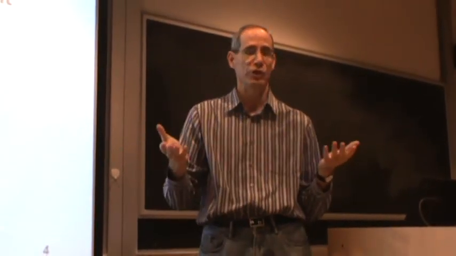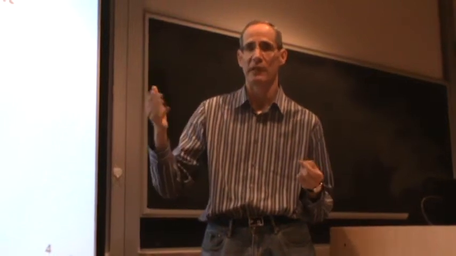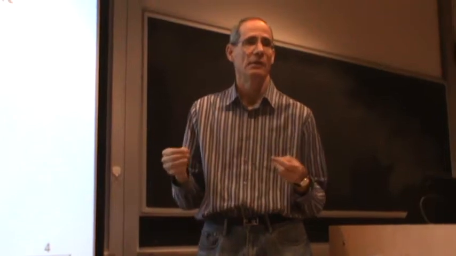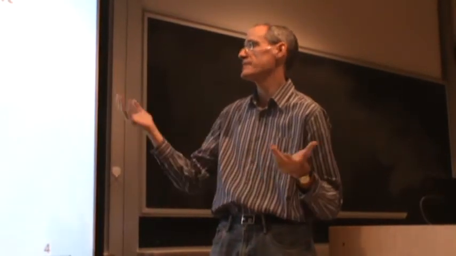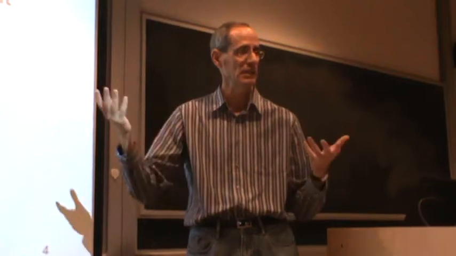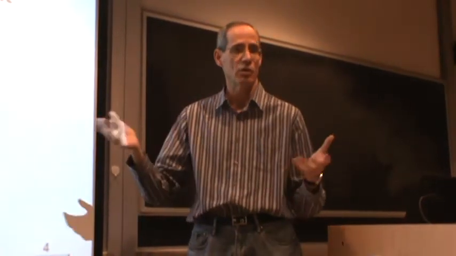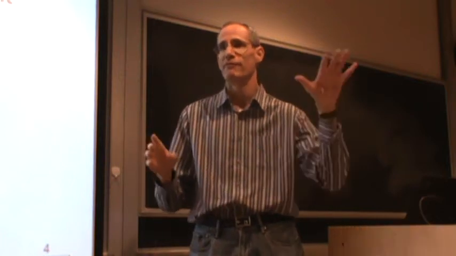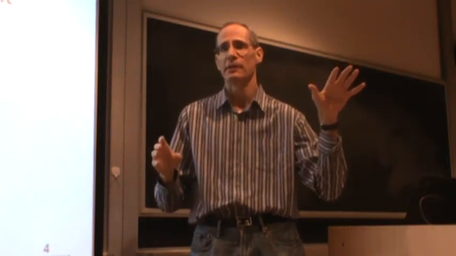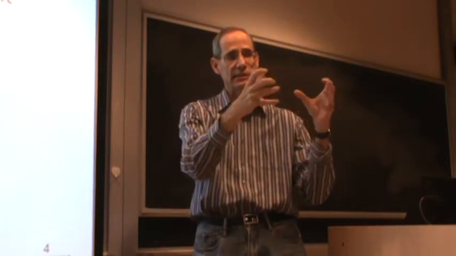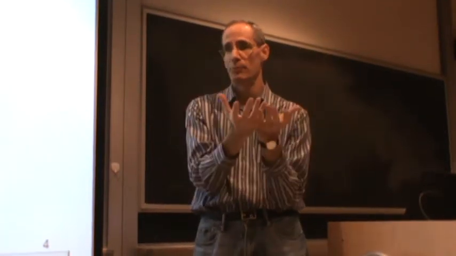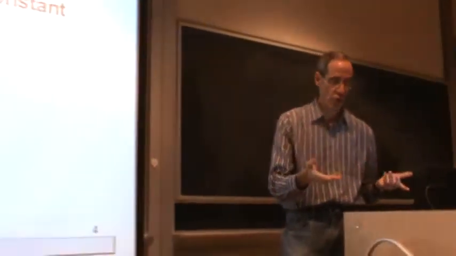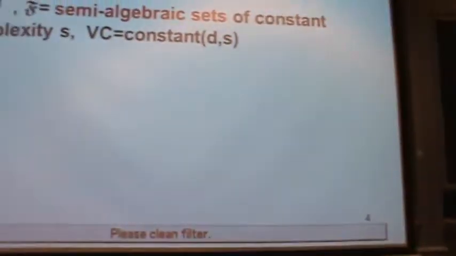And then we have one polynomial inequality: the sum of (x_i minus a_i) squared is at most r squared. So this is indeed a semi-algebraic set. It's a polynomial inequality of degree 2. And because of this, we know that the VC dimension will not be too big. If you have very many points in R^17, then there will be some sets that you cannot separate from their complement by a ball. And of course, there are some more complicated semi-algebraic sets like this.